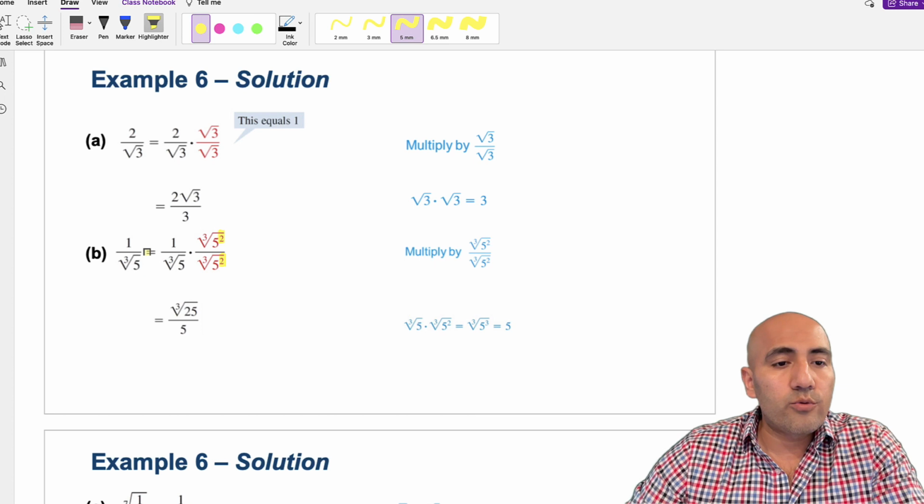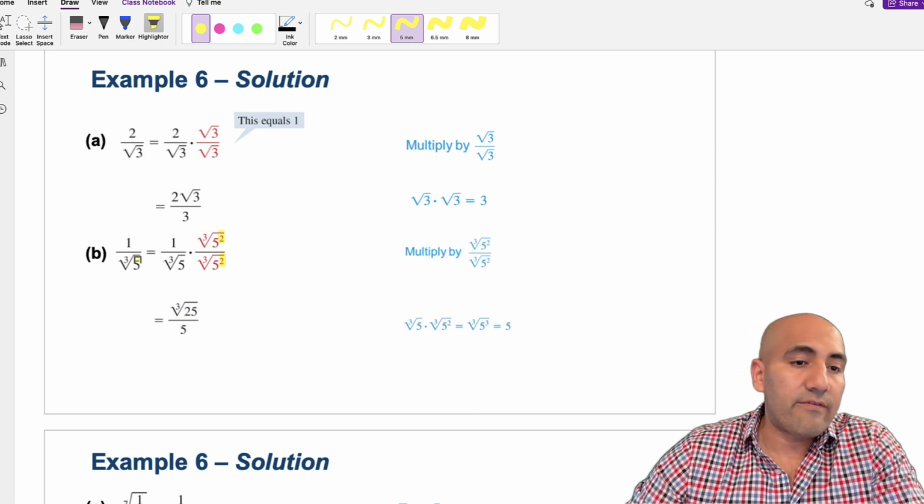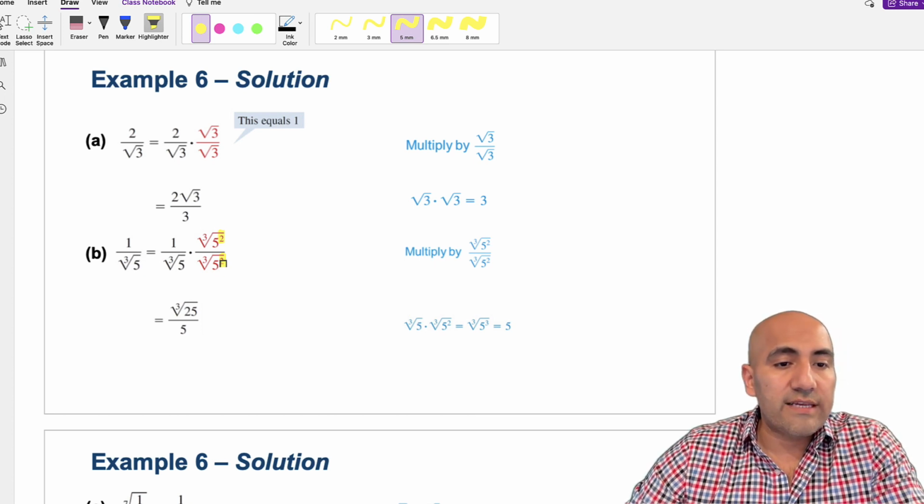So there's the cube root of 5 to the power of 1. So we needed 2 more to get to 3. So then the cube root of 5 times the cube root of 5 squared gives you a 5. And in the numerator, there's not much you can do, so you leave it alone.